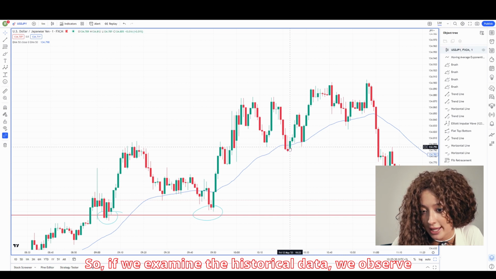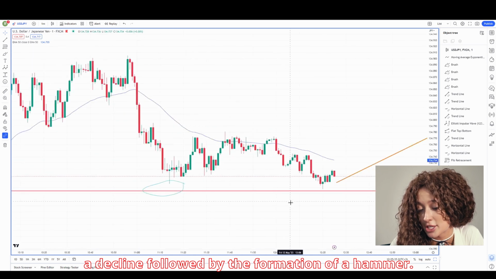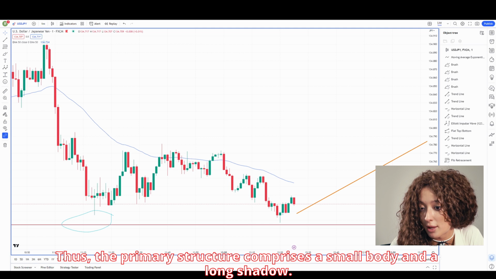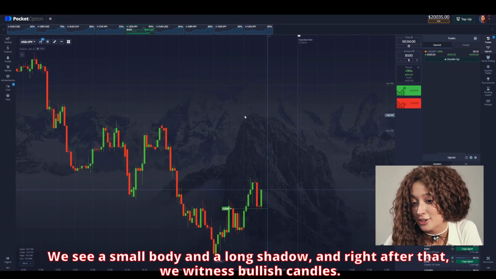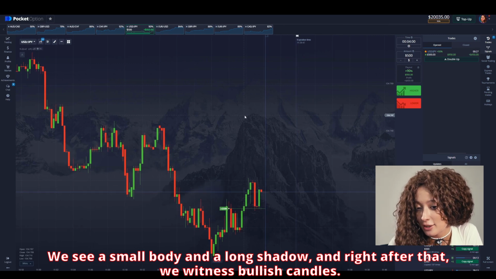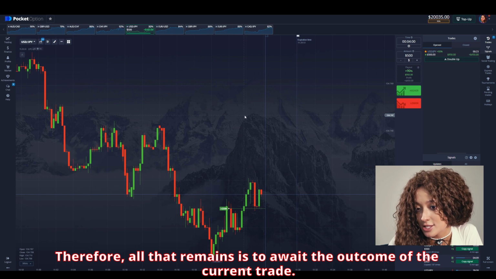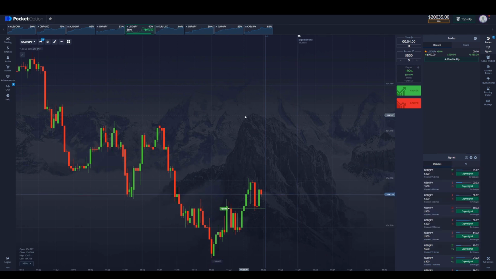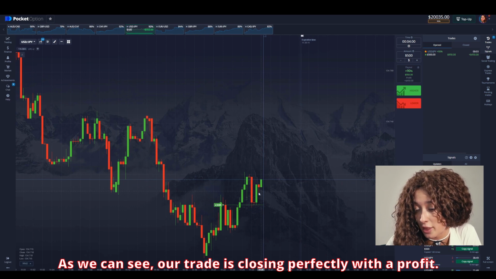If we examine the historical data, we observe a decline followed by the formation of a hammer. We see a small body and a long shadow, and right after that we witness bullish candles. Therefore, all that remains is to await the outcome of the current trade. In summary, there is just about half a minute left. So, as you can see, our trade is closing perfectly with a profit.